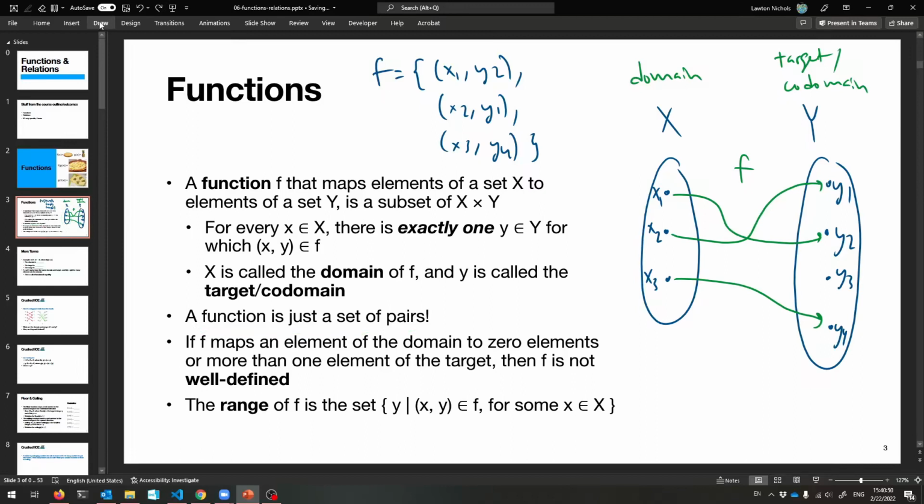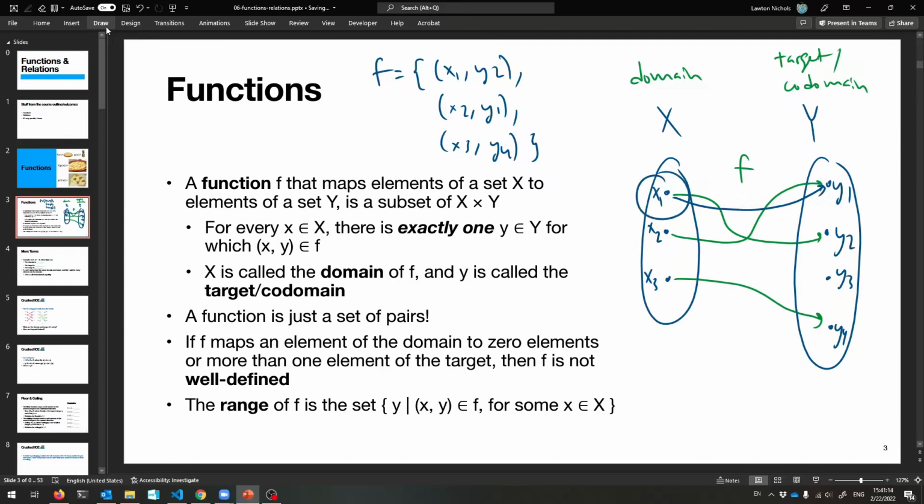All right? And let's see. We want our functions to be well-defined. That's a fancy term. So if f maps an element of the domain to 0 elements or more than one element, so if you have something like this going on, like if x1 also maps to y1 as well as y2, then it's not a function anymore, right? It's not well defined where x is going.